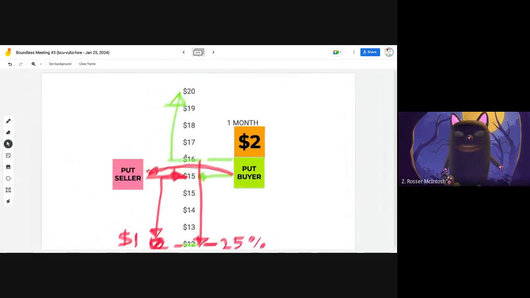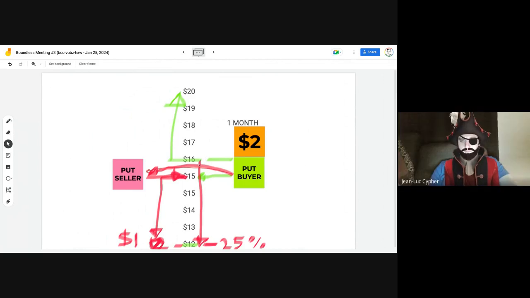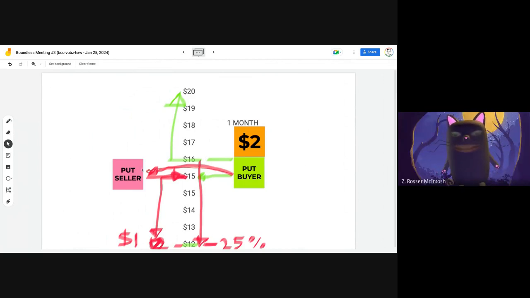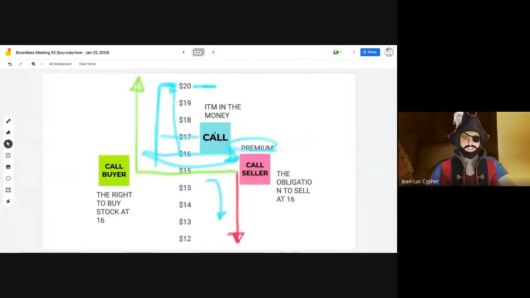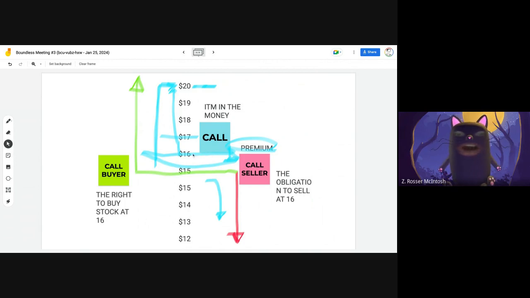Like in our previous example of our put at 15, if this asset goes below 15, then this put would be in the money. Now in the case of a call, the market would have to go up, so 16 would have to be lower than the price of the underlying asset. So if the stock goes to 20, 16 would be well in the money.